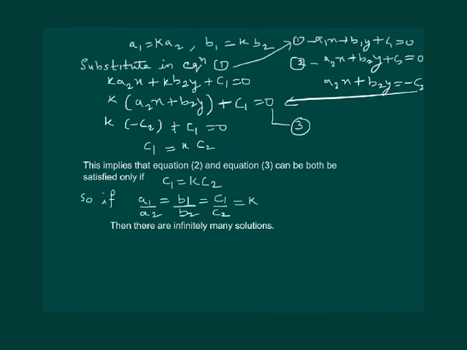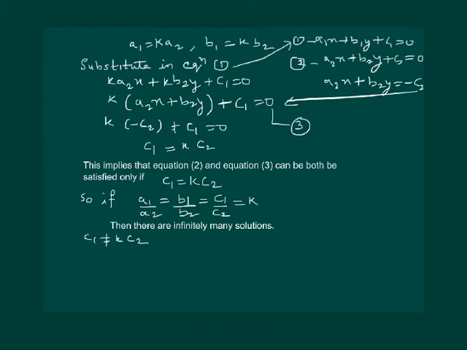In other words, if A1 by A2 is equal to B1 by B2 equal to C1 by C2 is equal to some constant, then there are infinitely many solutions, while if say C1 is not equal to k times C2, then what happens is that the solution of equation 2 is not the solution of equation 1 and vice versa.